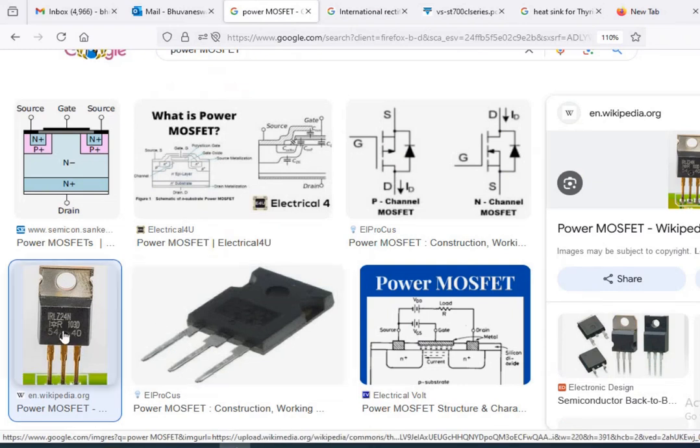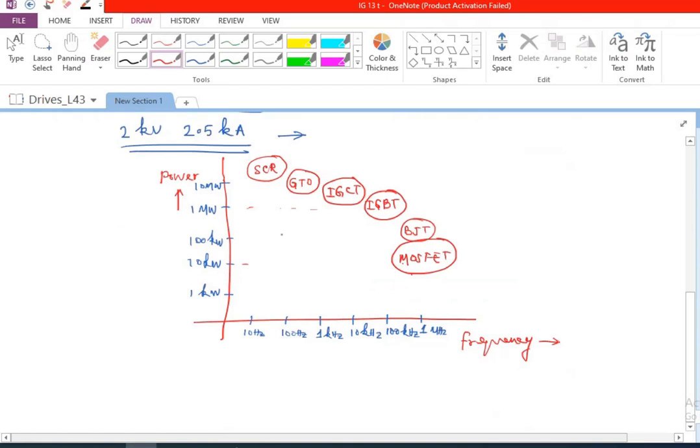This is from International Rectifier. There are various companies that produce these power MOSFETs and IGBTs and so on. Normally you can look at the website to familiarize yourself with some of these device producing companies.